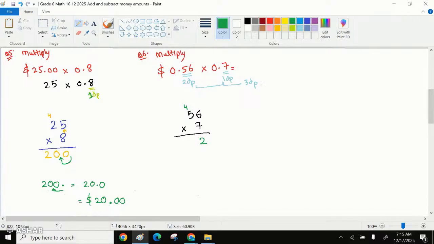What is 7 times 5? 7 times 5 is 35, right? So we add 4 to the 35, it becomes 39. So when 56 is multiplied by 7, the answer comes out to be 392, right? And we know that there are a total of 3 decimal places altogether, because 2 decimal places were in 0.56 and there was 1 decimal place in 0.7.